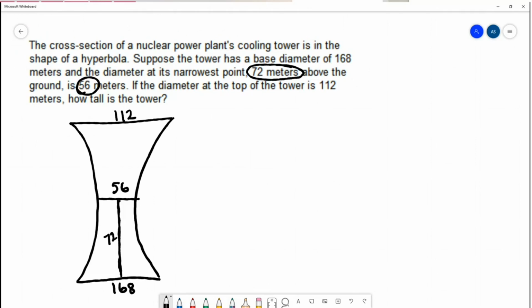So I've drawn a quick sketch here, and now I'm going to try to translate this into details that will give us the equation of the hyperbola. If you'll remember, we have a horizontal orientation of hyperbolas, and we have a vertical orientation.